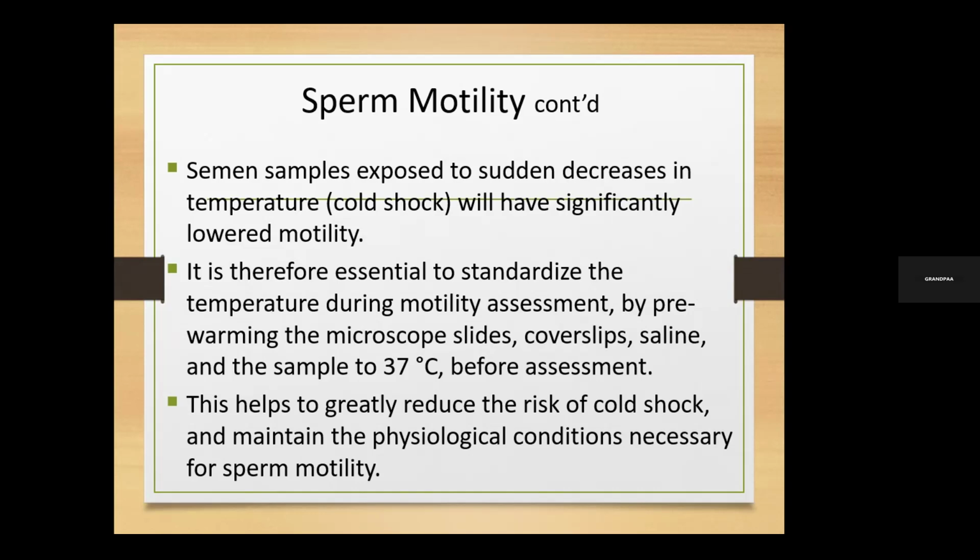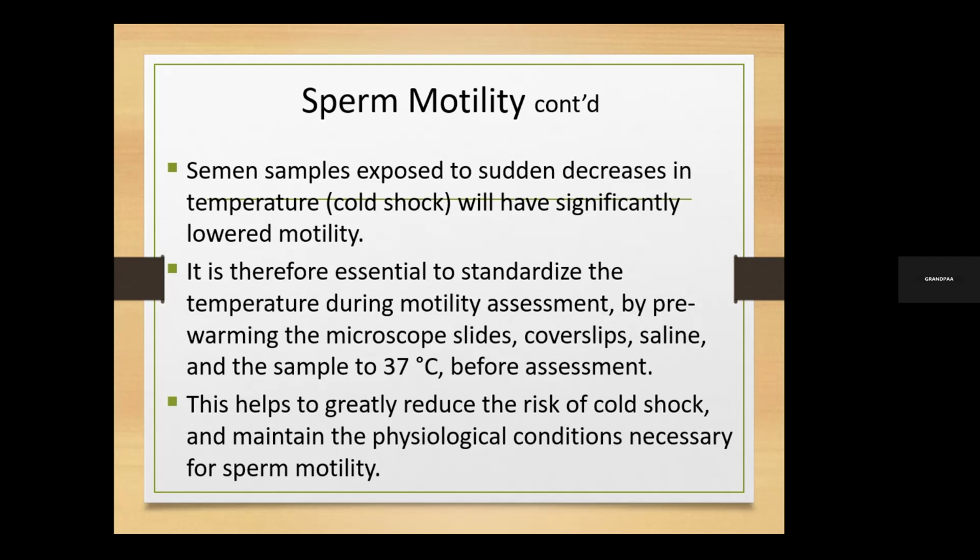It is therefore essential to stabilize the temperature during motility assessment. We are going to look at how to assess the motility, and we are talking about temperature. If you're talking about temperature differences, one of the things they affect most is the motility. So in order to give a fair assessment of the motility, you should be able to use temperature control mechanisms.